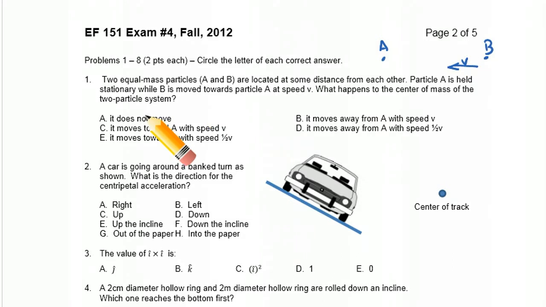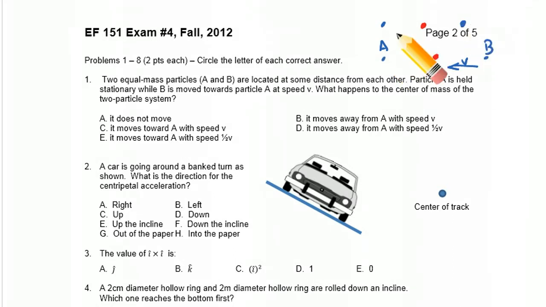What happens to the center of mass of the two particle system? Well, they're equal mass particles, so when they're in this state it would be there. When B moves a little bit closer, say after 1 second it's moved v distance, then the center of mass would move only half as far, because it's always in between these two.